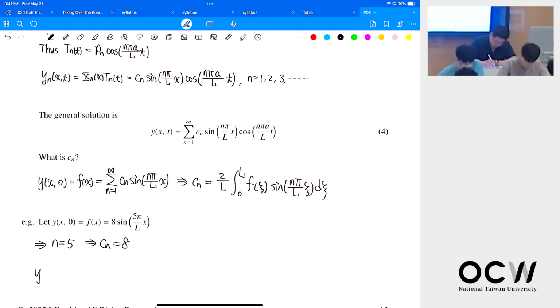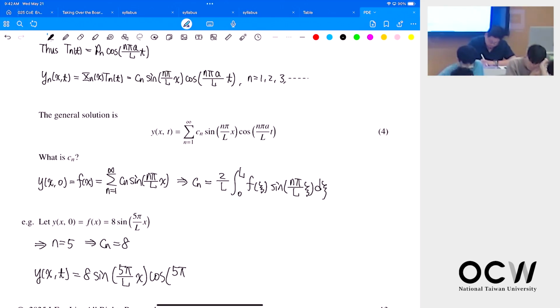So the solution is 8 sine 5 pi over L x, and then cosine 5 pi a over L t.